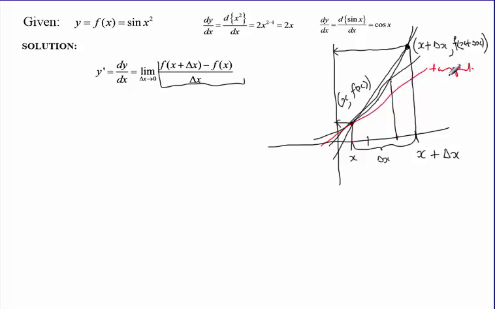Are we together? When I get the slope of this tangent line, and a line has a constant slope, so it's the slope of the tangent line, but the tangent shares this point with the curve. The tangent has a slope. Then I call the slope of the tangent the slope of the curve at that point. Then I call the slope of the curve at that point the derivative of the function at that point. Am I making myself clear? The tangent has only one point shared with the curve.